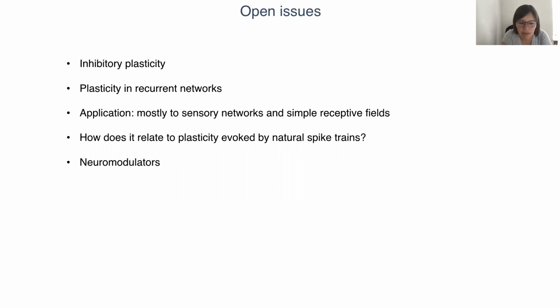But these rules are only just now starting to be challenged in more difficult tasks like memory formation. How can you encode multiple memories, and how can you store and recall? People are starting to do this, but it's difficult to say what's the most complicated task they can do, because they haven't been challenged in so many interesting ways in the past. Only now people are beginning to do this. And maybe some of you work on these things. This is open.